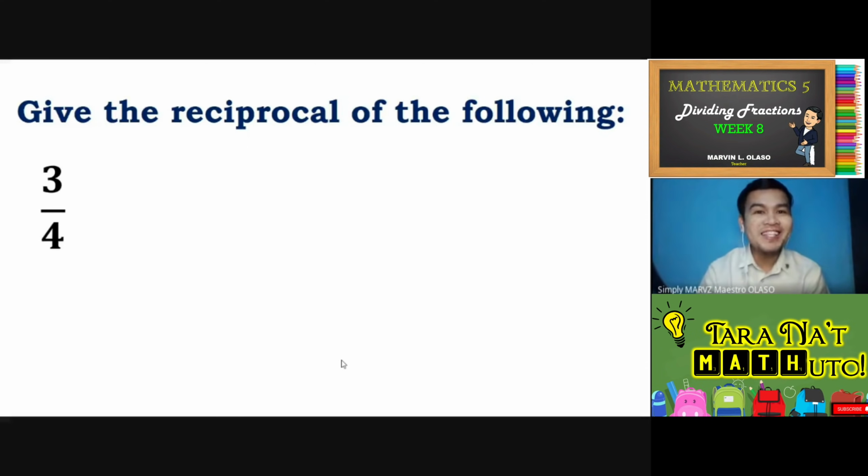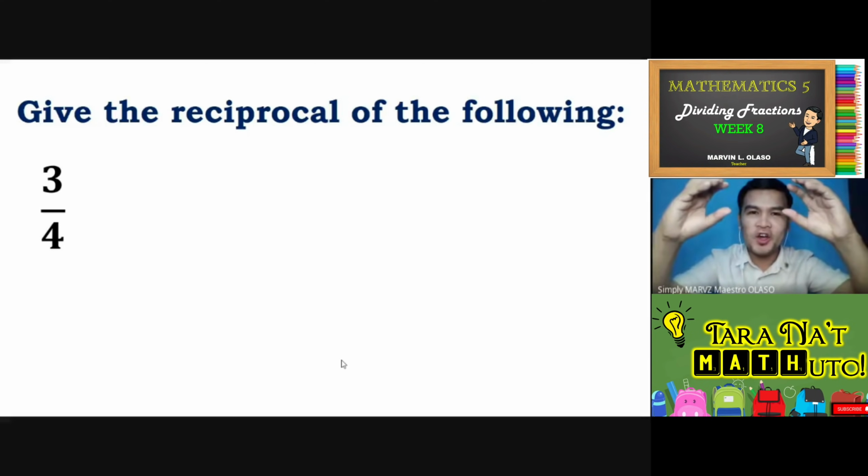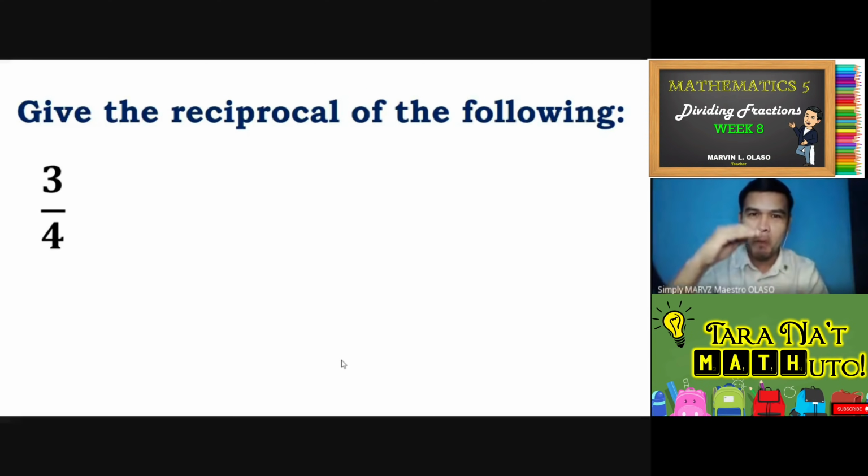Reciprocal means interchanging the numerator and the denominator. Sa Tagalog, babaliktarin mo lang. Yung denominator, ilalagay mo sa numerator and numerator, ilalagay sa denominator. Pagbabaliktarin. Or we call that flip. Naalala po ba? Therefore, the reciprocal of 3/4 is 4/3. Alright. Nakuha po ba?